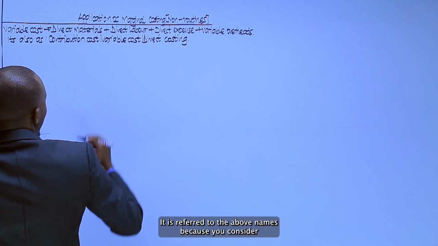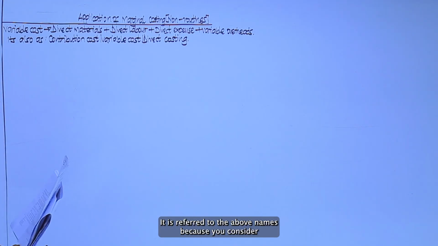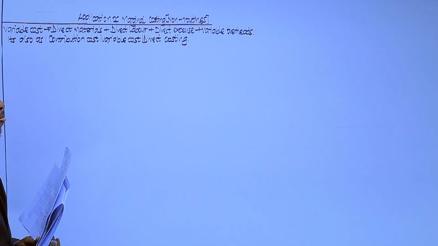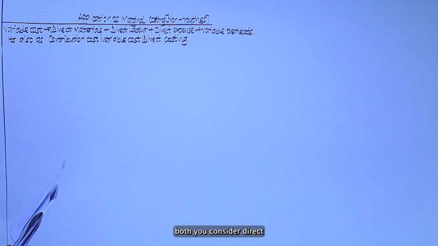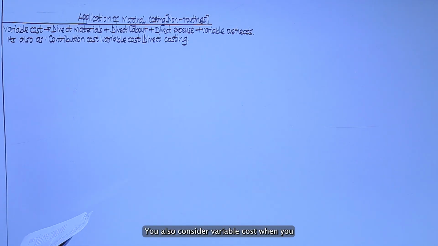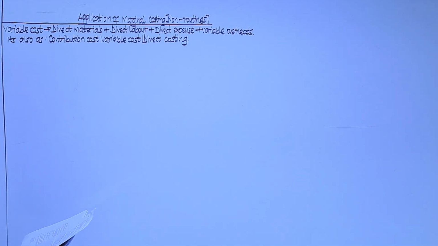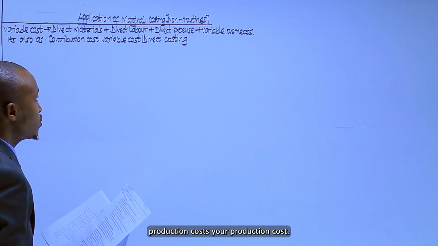It is referred to by the above names because you consider direct cost as part of your production costs. You also consider variable cost when you're determining your production costs.